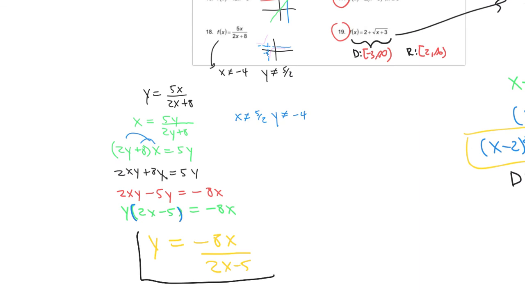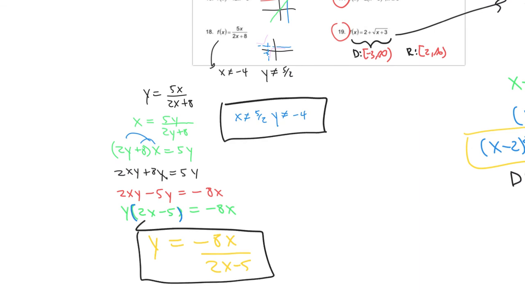So that would be the inverse, and these are the restrictions on the inverse, which are the opposite of the restrictions on the original. Now, I just looked at the teacher's answer, and the teacher did it a little bit differently. It's the same answer, but it just looks different, so let me just prove that this answer is the same as the teacher's answer.